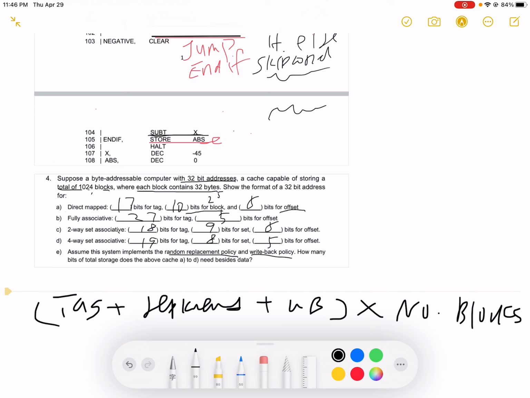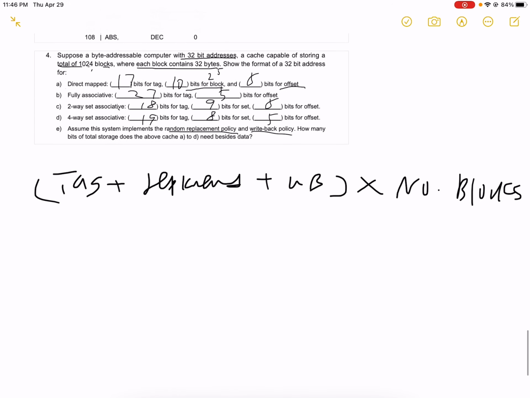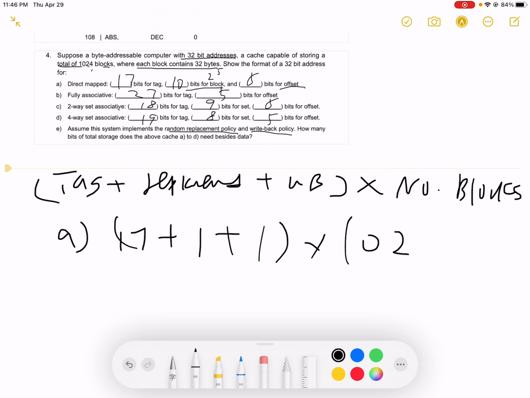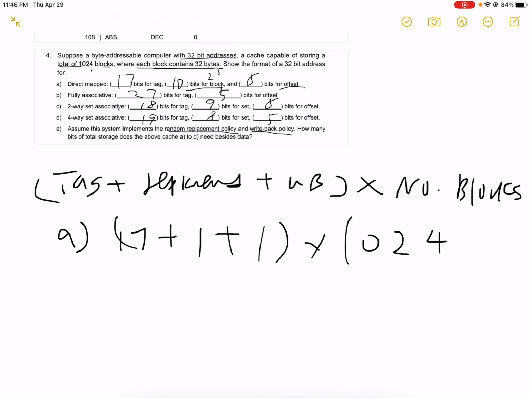So for A, which is direct mapped, we have tag is 17, and then plus one bit for replacement, and plus another bit for write back policy, and times the number of blocks, which is 1024.